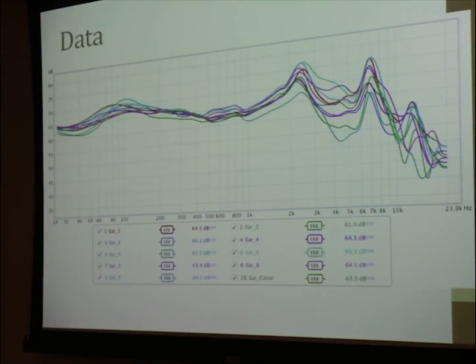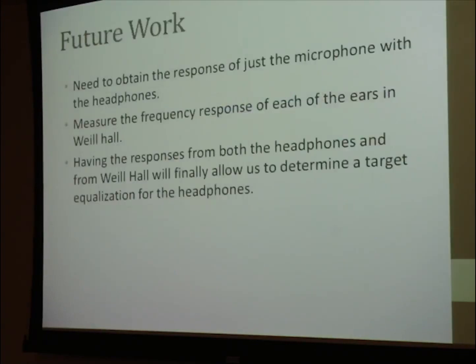But there's a couple more things I need to do in order to really finish this part of the project, but we're at the end of the show, so hopefully somebody will take over for me. So things that need to get done: I need to obtain a response of just the microphone with the headphones. This is important because I wanted just the frequency response of the ear.